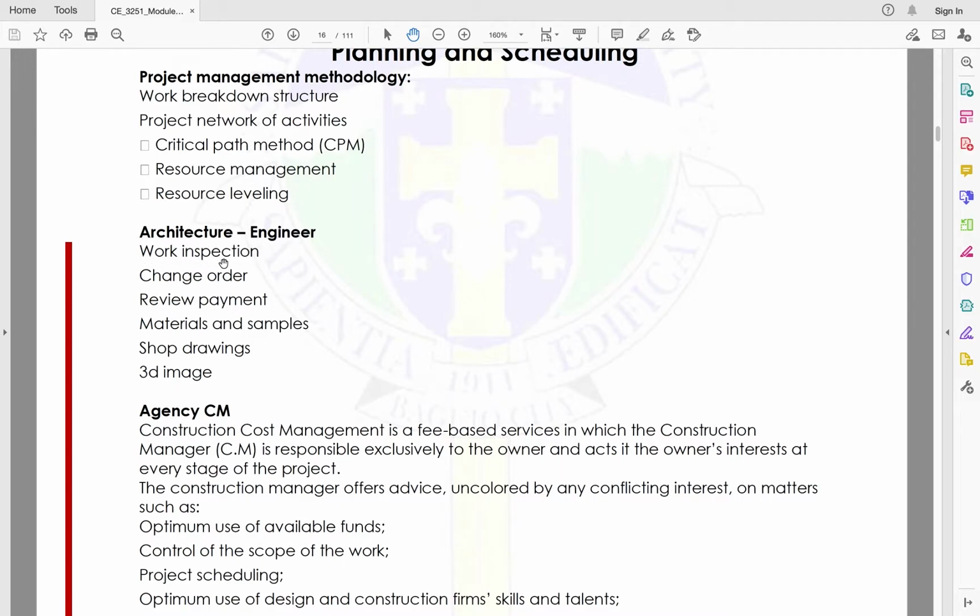So work inspection, change order, review payment, materials and samples, shop drawings, and 3D images. So these are the things that are being overviewed, okay, or inspected by an architect or engineer. Okay.